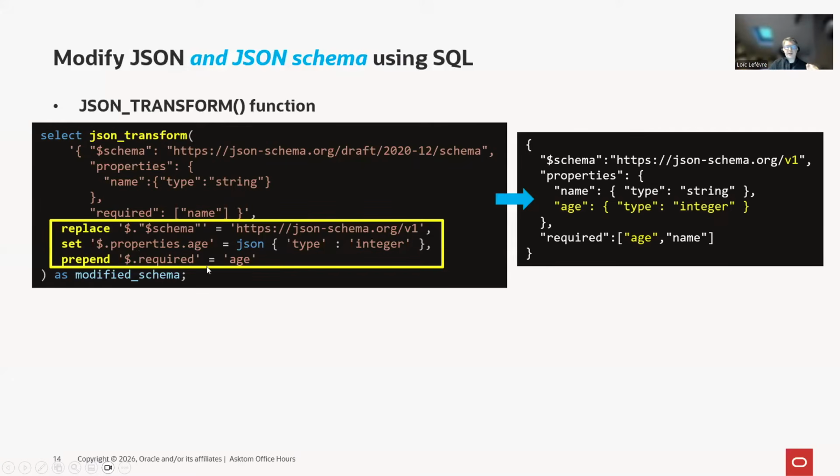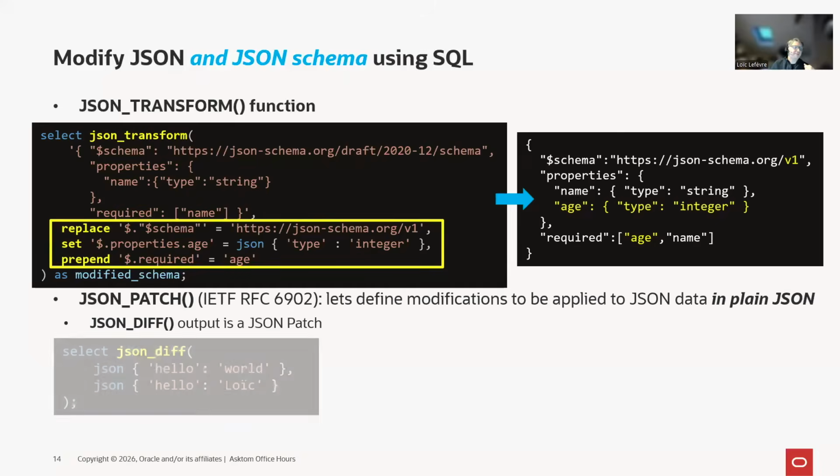And I want to add to the required field property the field age that we have added. And I want to have that at the front of the list, so I use a prepend. I could have used an append, but then guess what? It would have been put at the end.